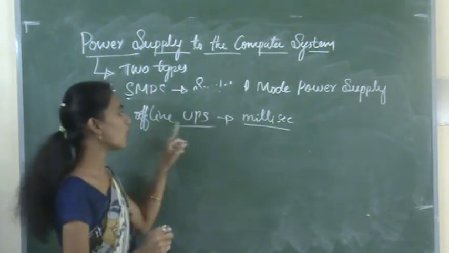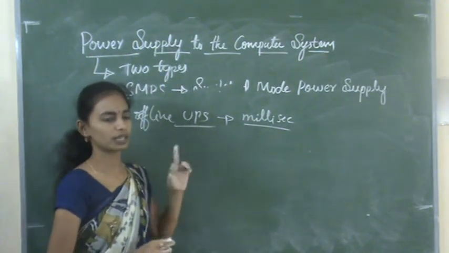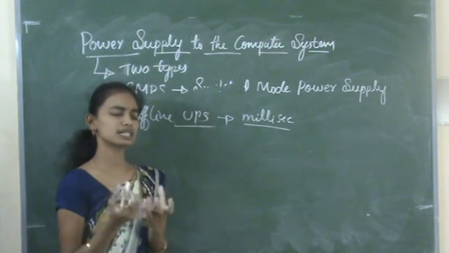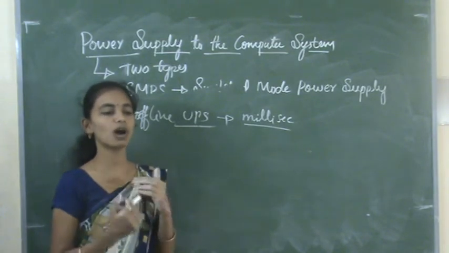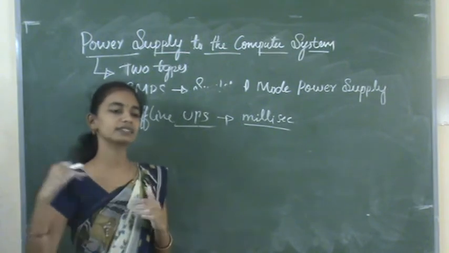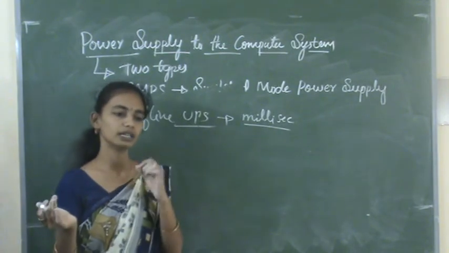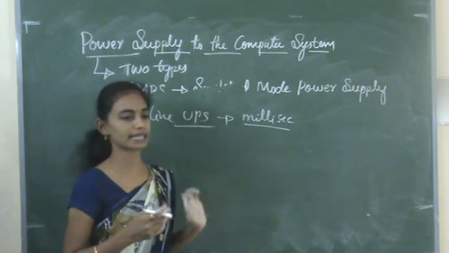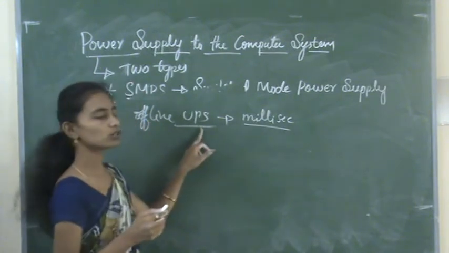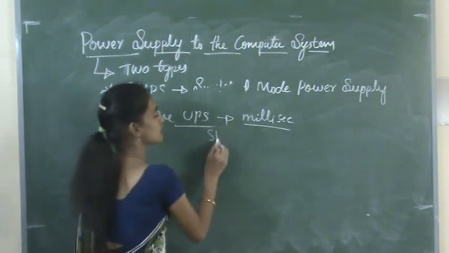That is about offline UPS. Offline UPS means that when the system is not getting power, at that time it will activate the UPS battery. For that activation it needs milliseconds. That is about offline or standby UPS.